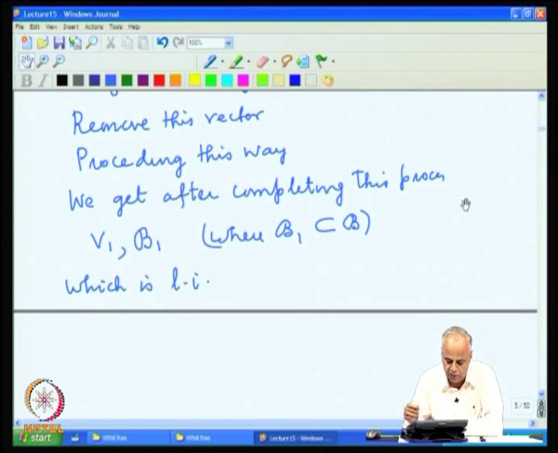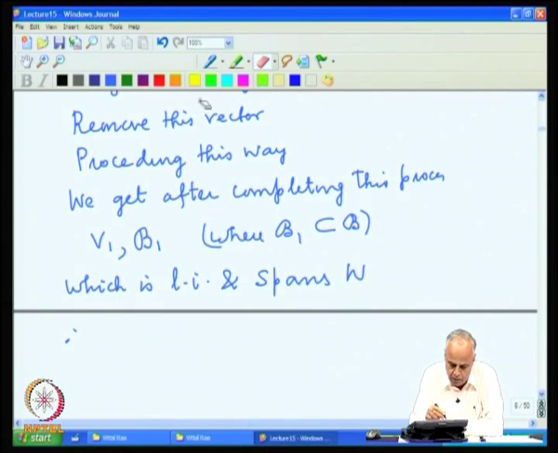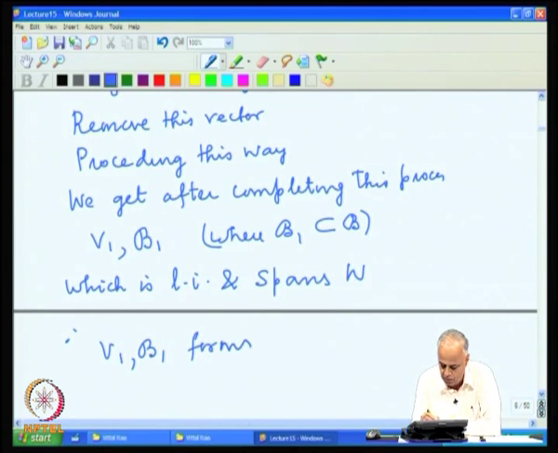So v1, b1 is linearly independent and spans w. Therefore this vector v1 and all these remaining unremoved vectors of b1 form a basis for w.